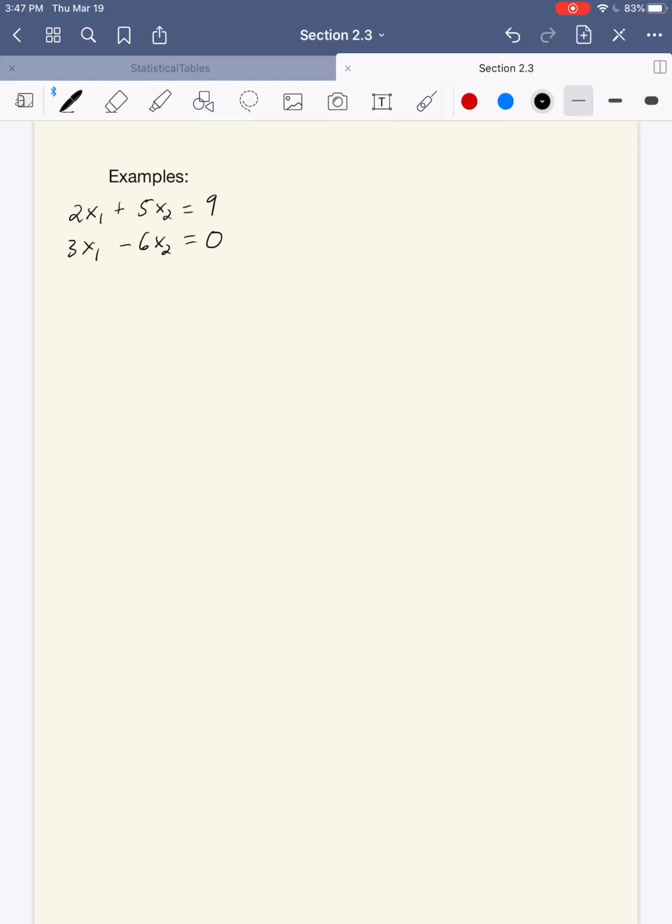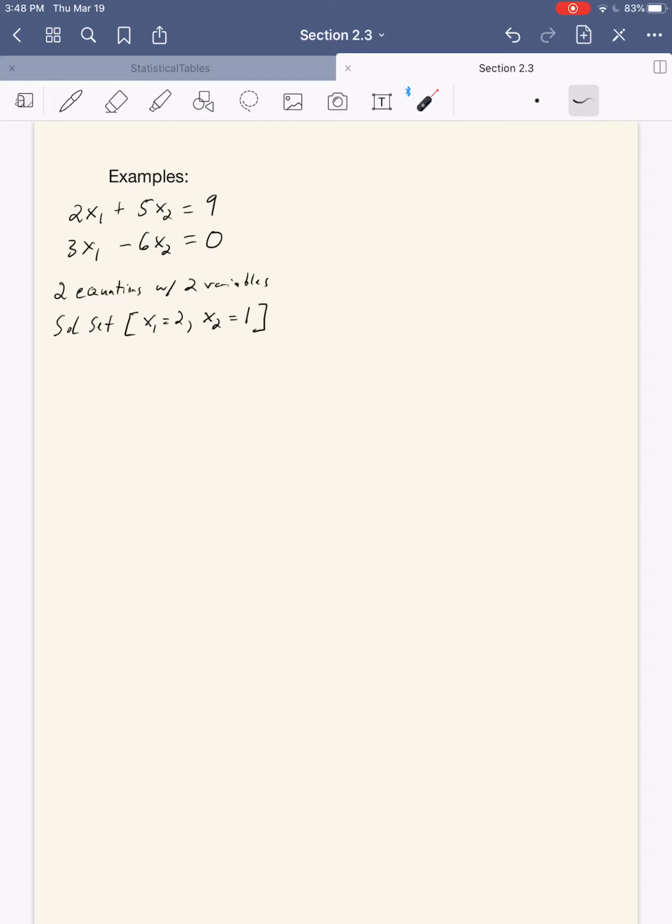This would be two equations with two variables, or sometimes referenced as two unknowns. If you actually check, the solution set is only one solution. There's only one thing out there that makes this true, and it is x1 equals 2, x2 equals 1.